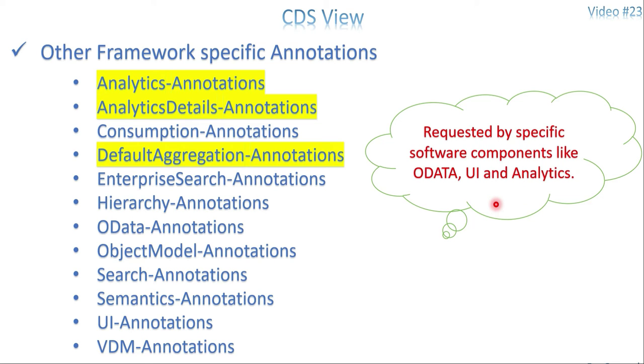And a small piece of information: once you use an annotation like analytical details, don't expect it to work the same way for your ABAP program. If you call the same CDS view in an ABAP program and display an ALV, the annotations won't work, because they are not evaluated by the ABAP framework. This is for the component level framework.